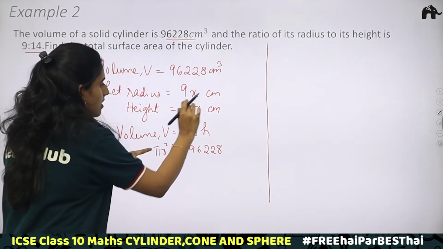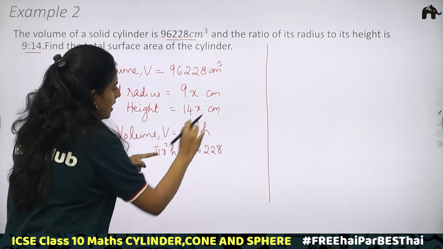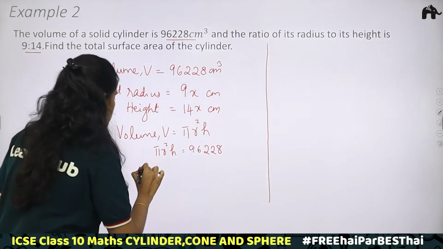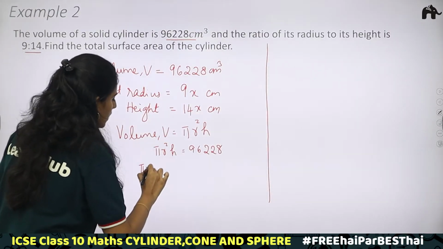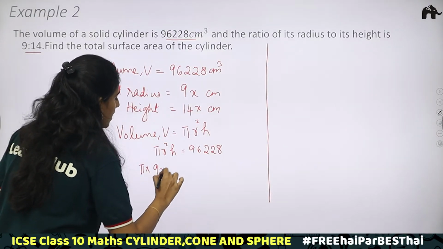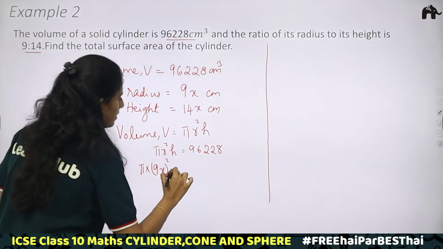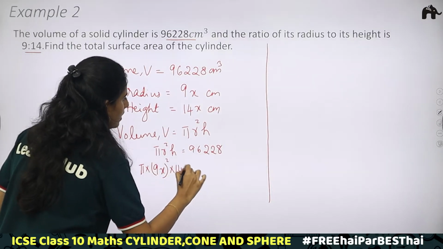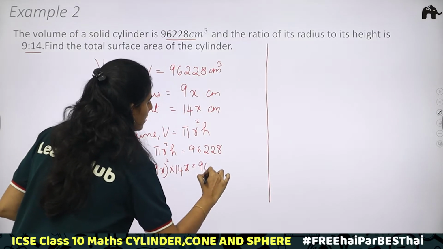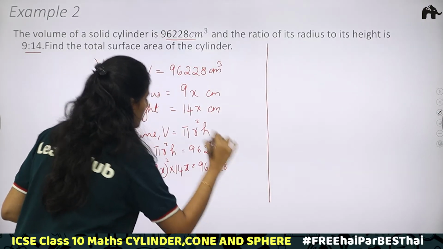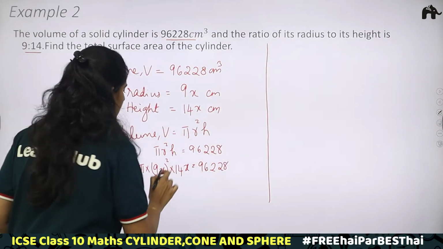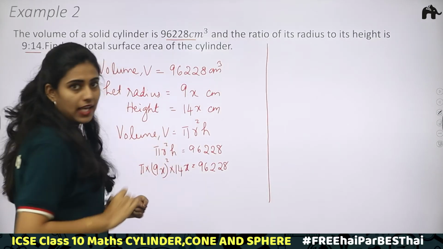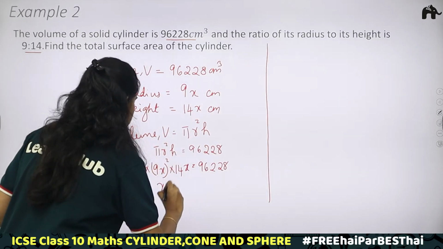Now we have r as 9x and h as 14x. Put the values. Pi into 9x whole square into 14x is equal to 96,228. Okay, x square into x is x cube.